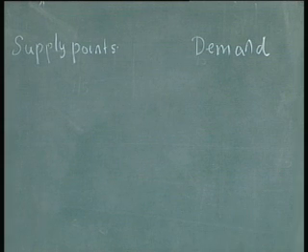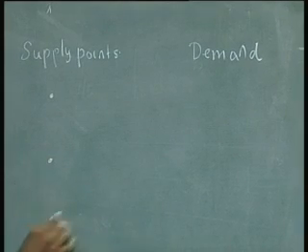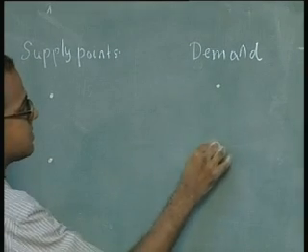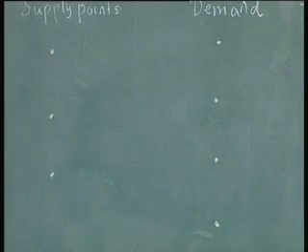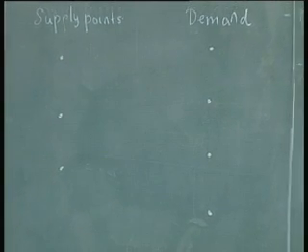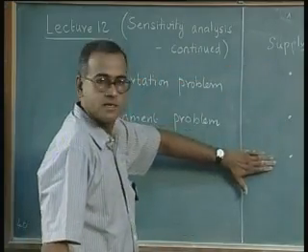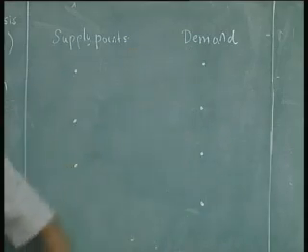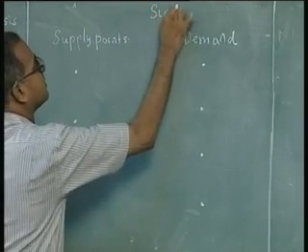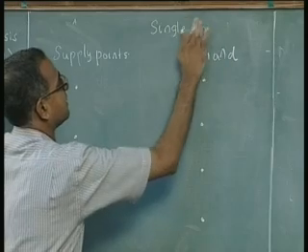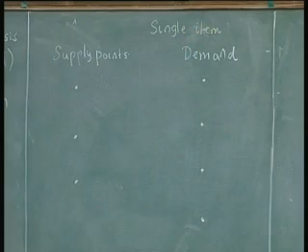For example, let us assume that there are 3 supply points which we write here and there are 4 demand points. Now we are interested in supplying a single product that is available in different quantities in each of these supply points to each of these demand points. So in the transportation problem, a single item is transported from the supply points to the demand points.